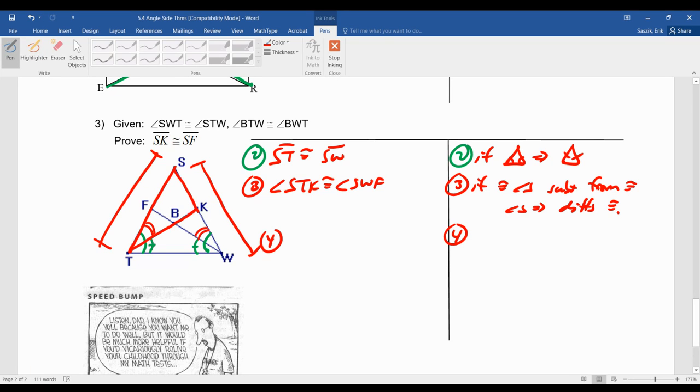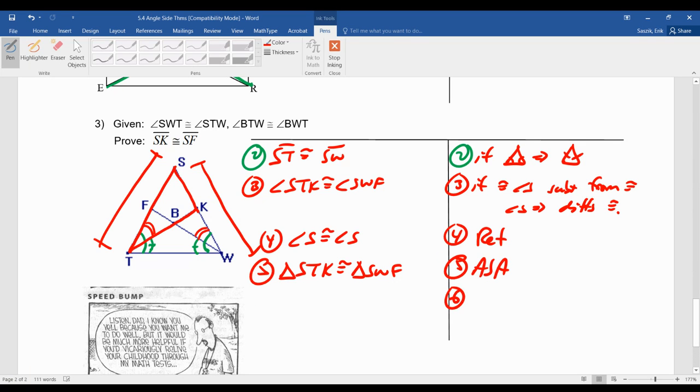Now, this is one reason why I wanted to do these upper triangles. You can also have a reflexive angle. You see how angle S is an angle in this triangle and also in this triangle. So now we can prove those upper triangles congruent, STK and SWF, by ASA, which allows us to say that SK is congruent to SF by CPCTC. All right.